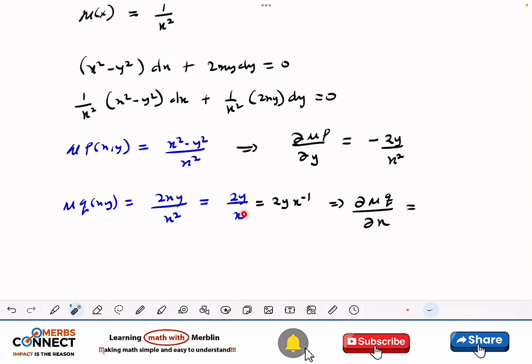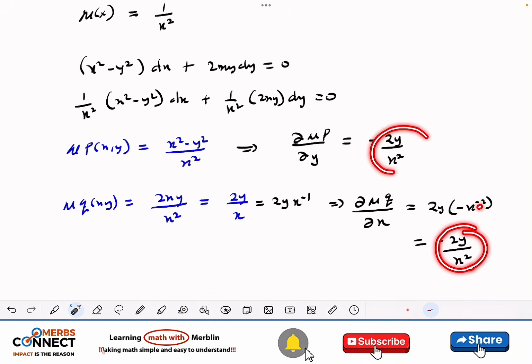I'm differentiating with respect to x, so 2y is constant. When I maintain 2y as a constant, I differentiate this guy, which gives us minus x to the power minus 2. Simplify this and you're going to have minus 2y divided by x squared. So minus times this minus comes down, and we see that this is the same as that.